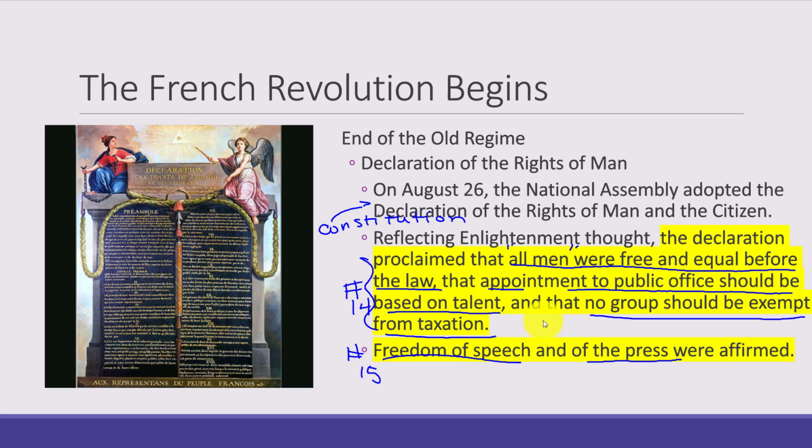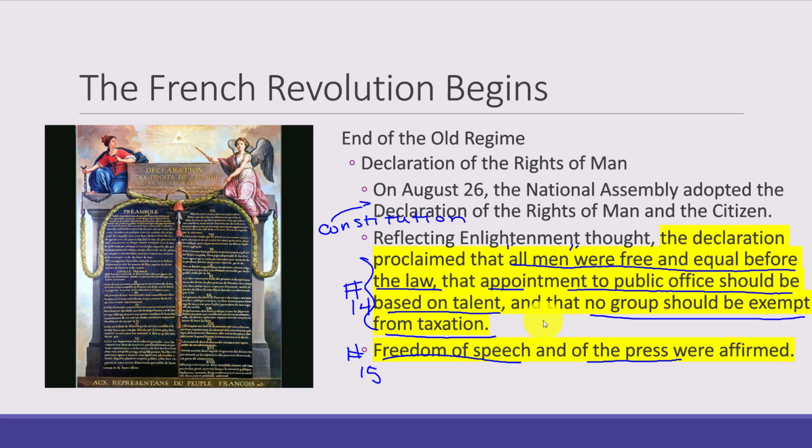Appointment of public office should be based on talent, and no group should be exempt from taxation. So they wanted to make sure that everything was equal. As a matter of fact, one of the phrases mentioned during the French Revolution was liberté, égalité, fraternité, right? Which means liberty, equality, and brotherhood, right?